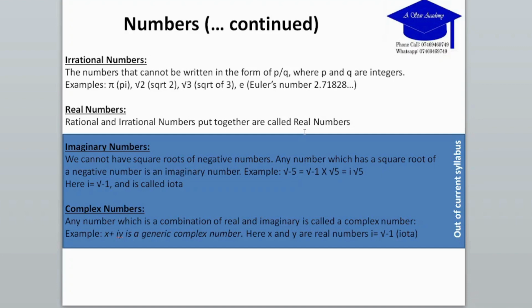However, when we add i there, the whole of this number does not stay real. So that's why x plus iy is a generic form of complex number where iy is imaginary and x is real. When we add imaginary to real, overall it becomes complex.